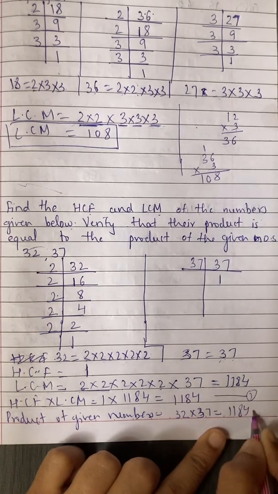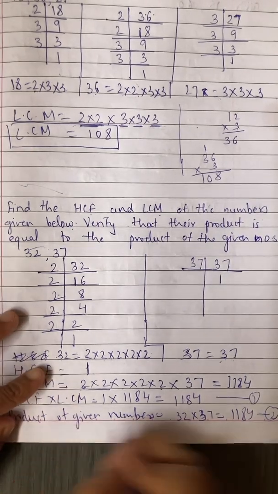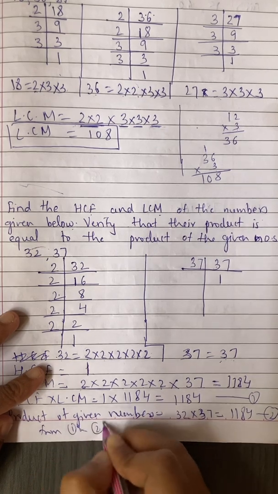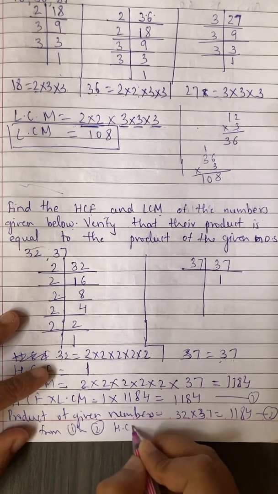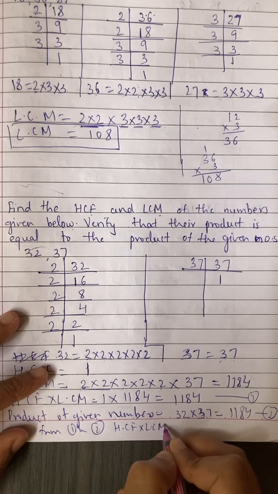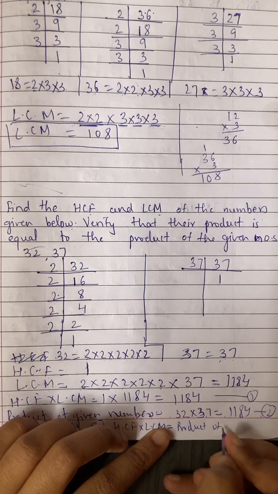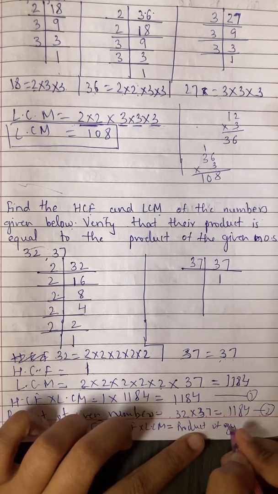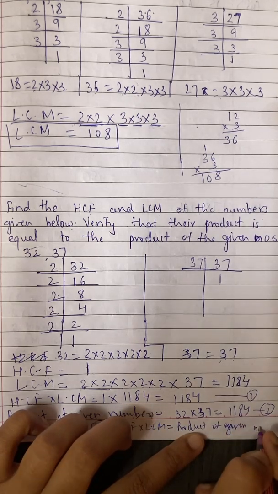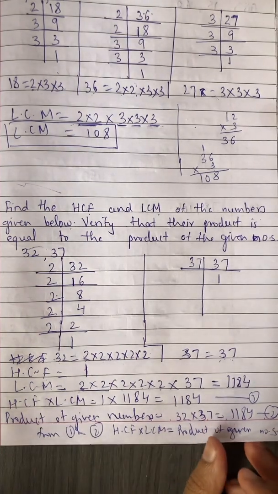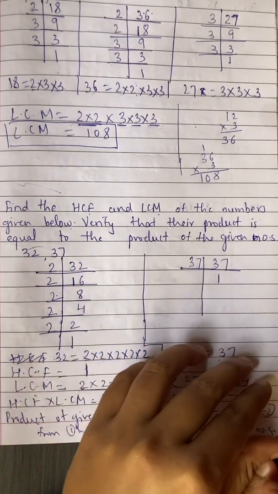So from equations 1 and 2, you find that HCF into LCM is equal to the product of the given numbers. Okay, so it is always equal.